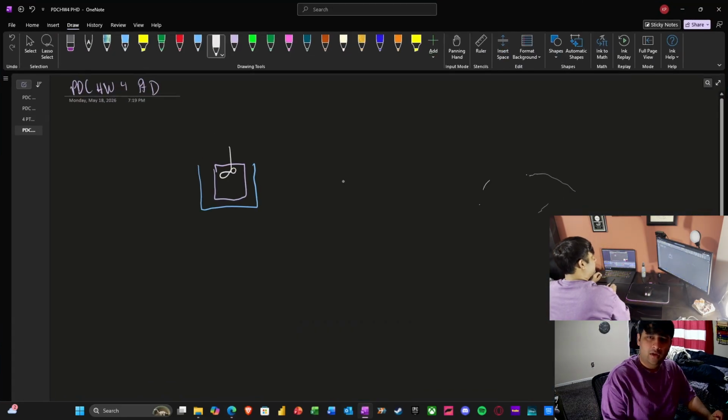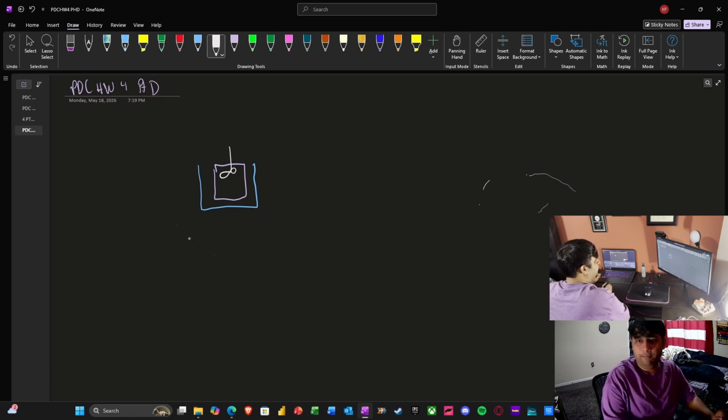So I've already drawn our cooling jacket and reactor with our agitator. What we're going to see is a probe that's going to measure our T reactor, which will also have a set point, T reactor set.